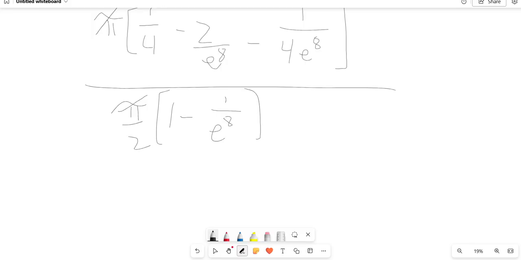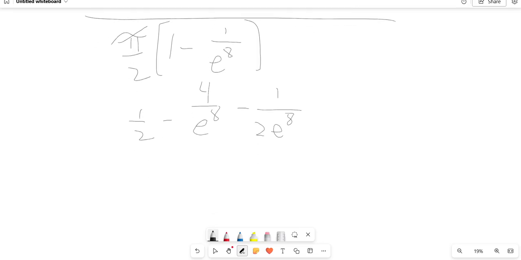So if we do that, we get 1/2 minus 4 over e to the 8 minus 1 over 2 e to the 8, all divided by 1 minus 1 over e to the 8.